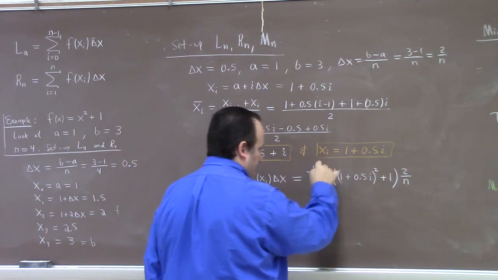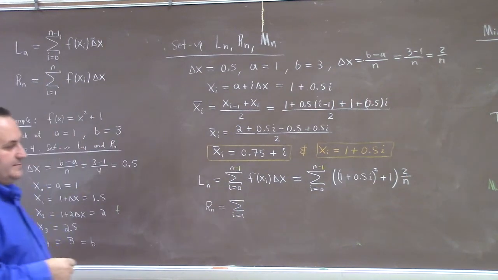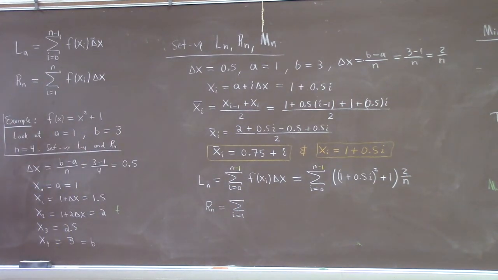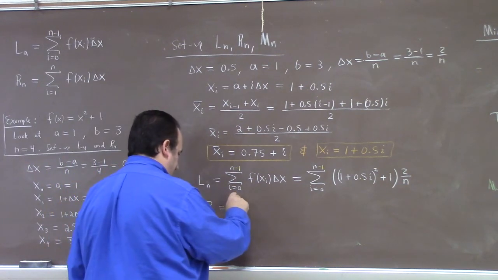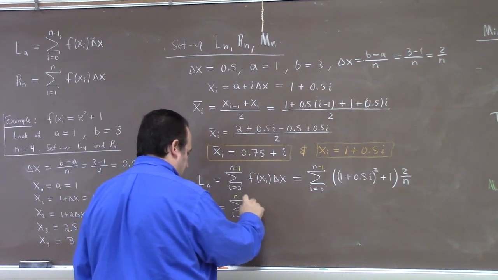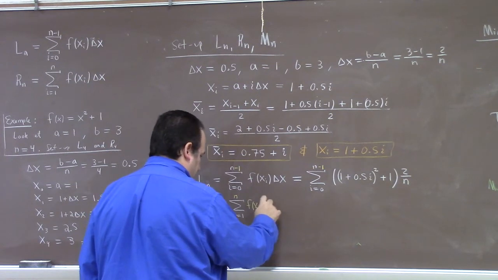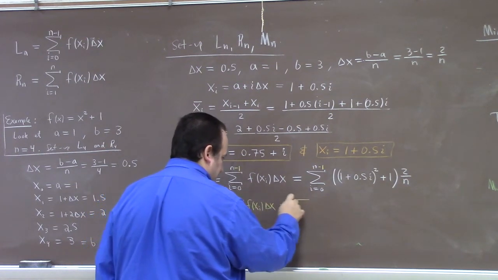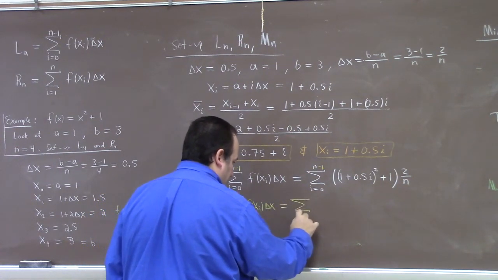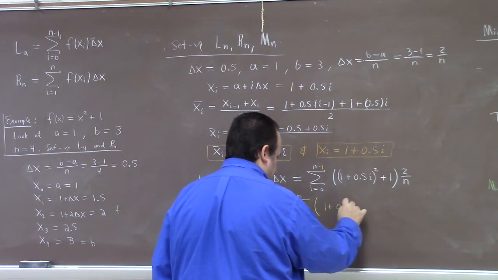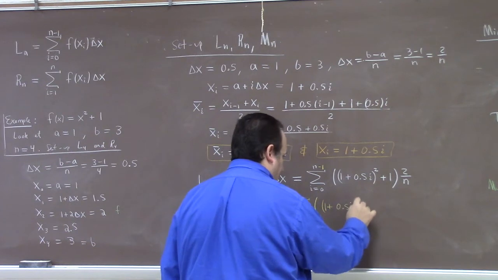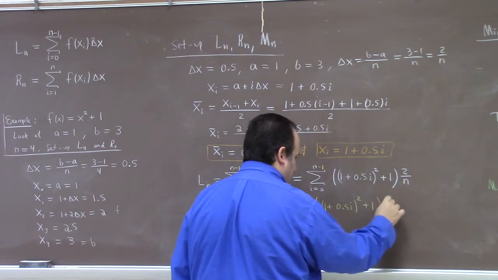Remember, we went from 0 to 3 for L4. Now, Rn goes from 1 to n, and then f of x sub i times delta x, which in this context is the sum, i equals 1 to n, of (1 plus 0.5i) squared plus 1, times 2 over n.